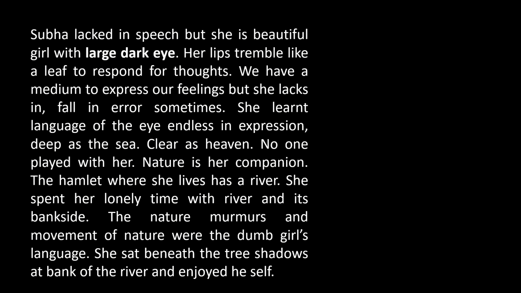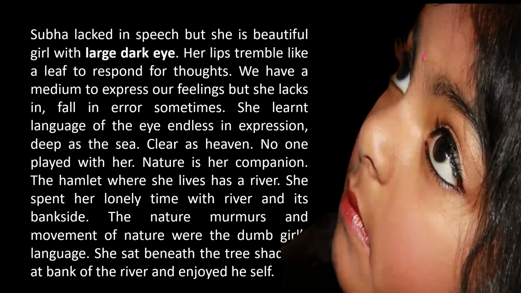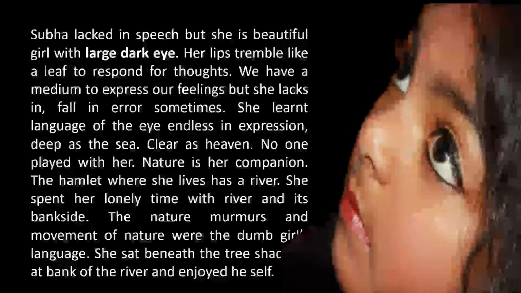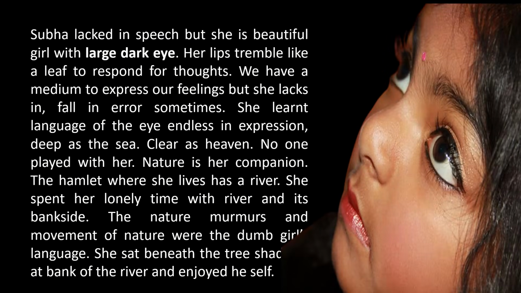Subha lacks speech, but she is a beautiful girl with large dark eyes. Her lips tremble like a leaf to respond to thoughts. We have a medium to express our feelings, but she lacks it. We fail in error sometimes.